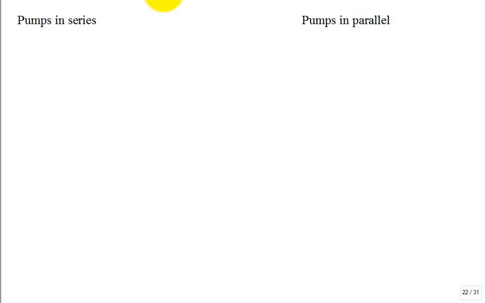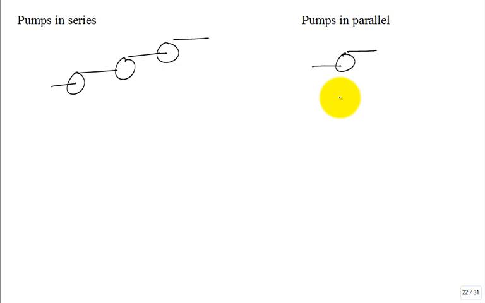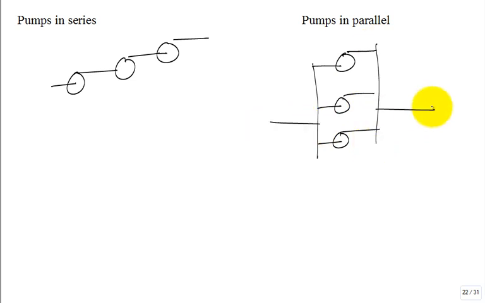Well, we could put pumps in series. What does that look like? Here's one pump, followed by another pump, followed by another pump. Or we could put pumps in parallel. And pumps in parallel are very common. Why? Because they allow us to have redundancy. Maybe on one day I need to just run pump number 1, and the other day I need to run pump number 1 and number 2, and on a really hot day I need a lot of water going all over campus.